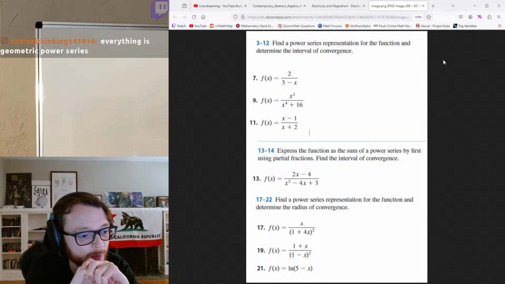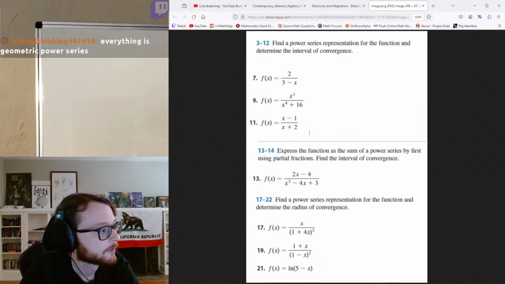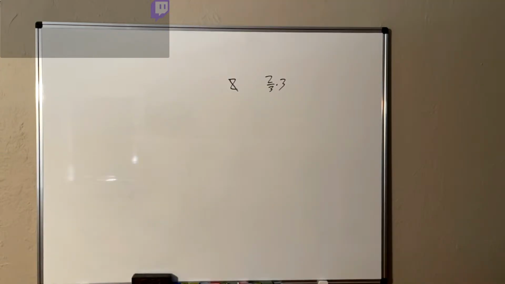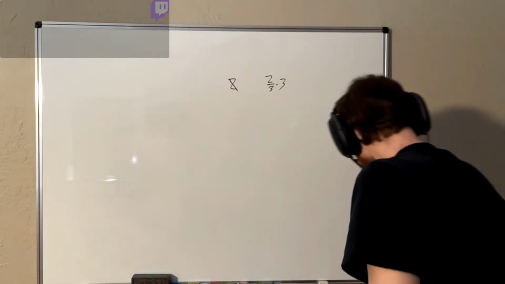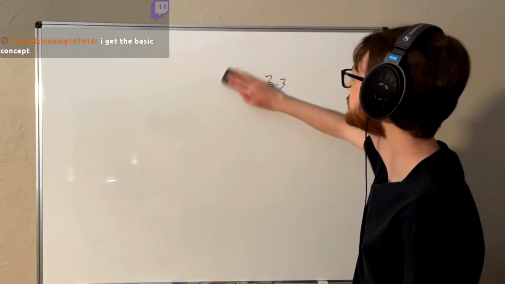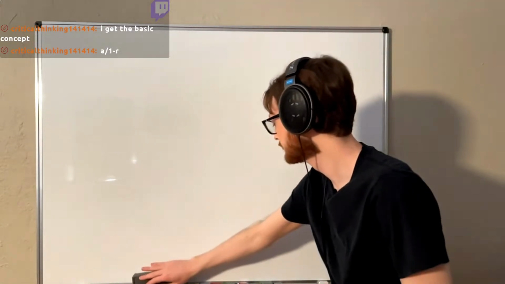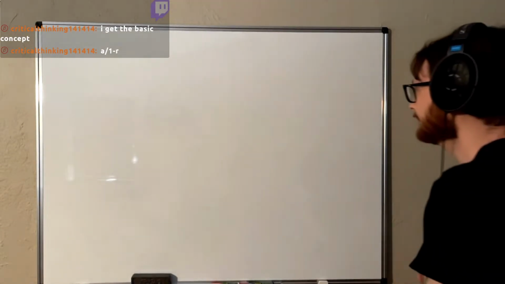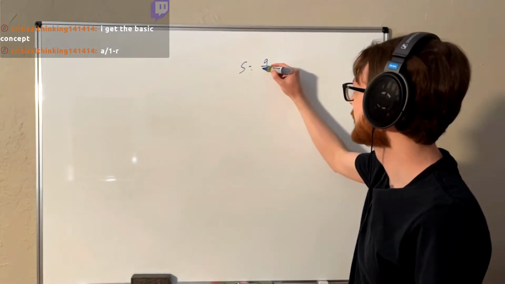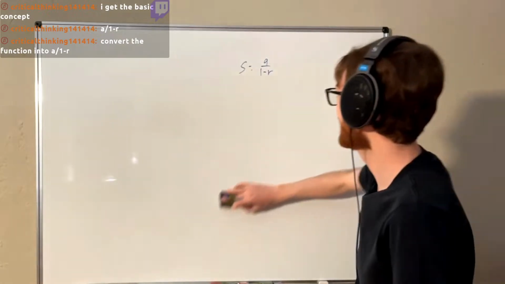And you said you don't know what a geometric power series means in the first place? So I can talk about that first before I even do a problem. The sum of a geometric series is a over 1 minus r.